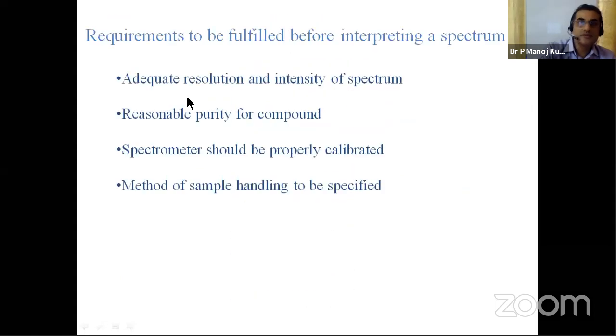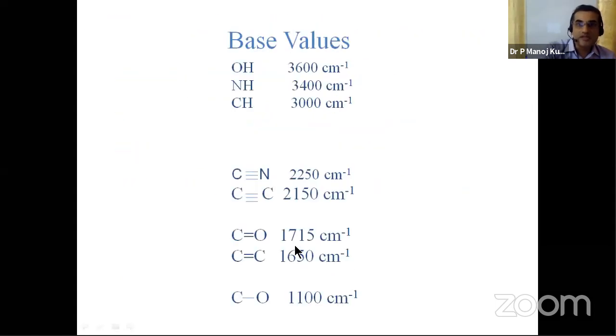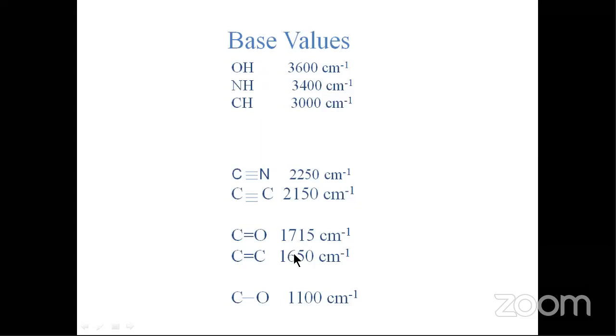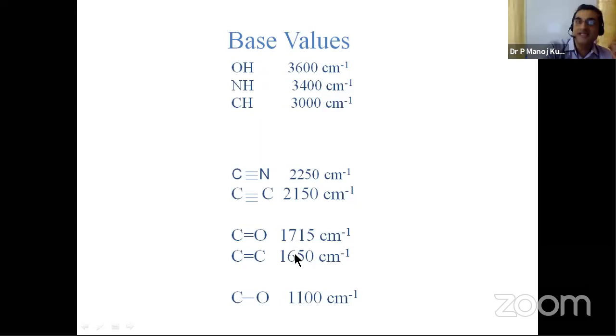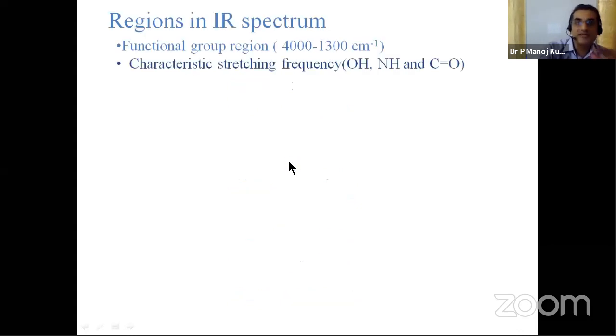See these base values, have a look. C double bond C should give around 1650. Keep this in mind when you are discussing alkenes or aromatic compounds. The first thing you should have in mind is 1650, C double bond C. Then we will go to that slide.